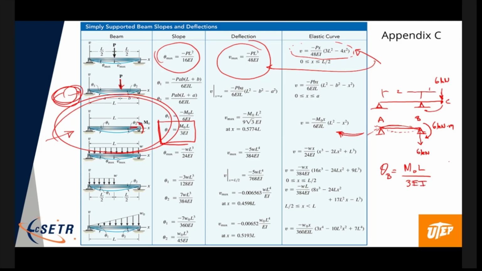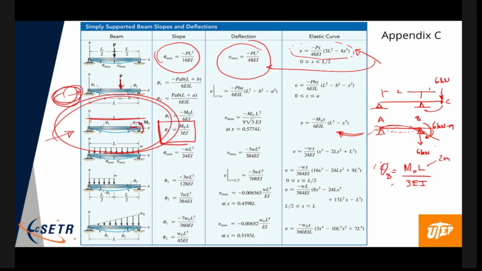In this case, be careful. Remember, L is the length of the beam from A to B, so this L here is 2 meters. That would give me the rotation theta B.